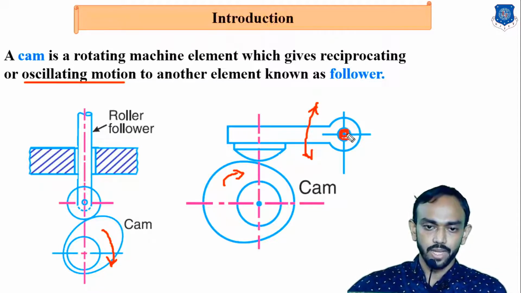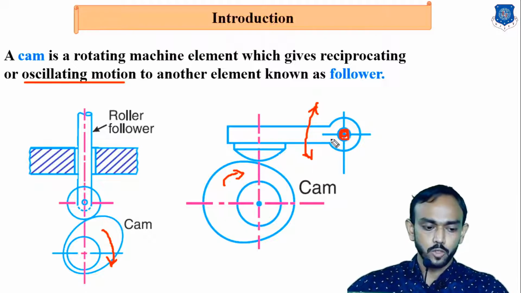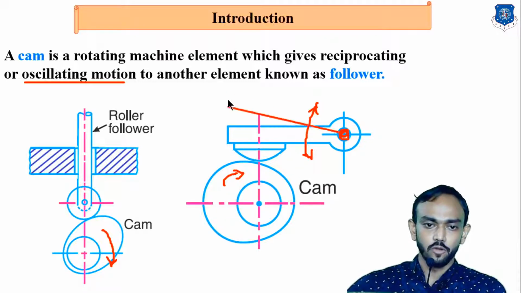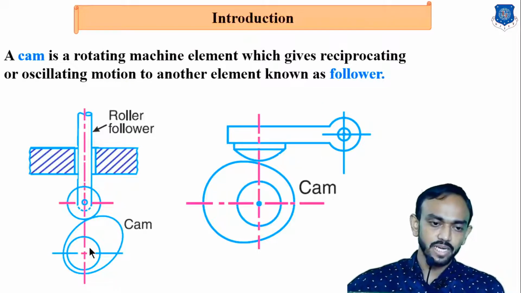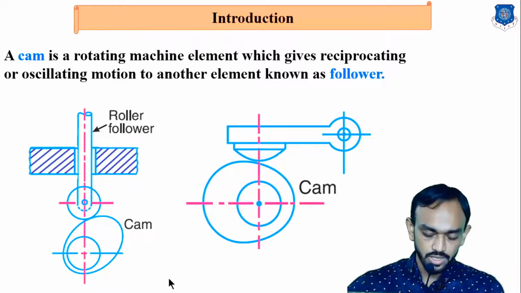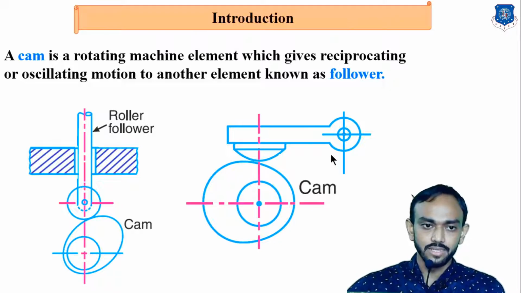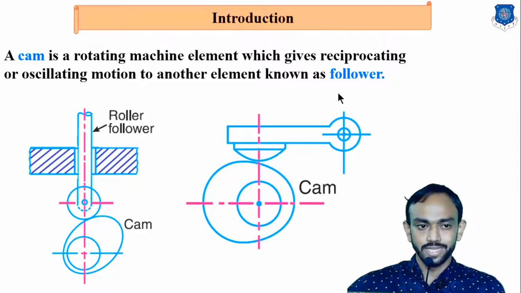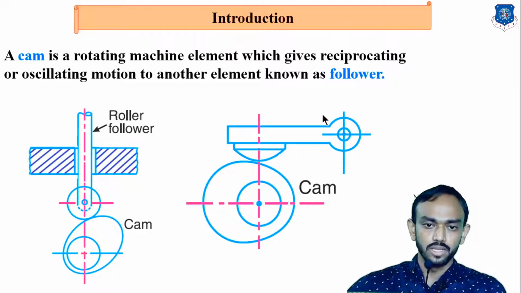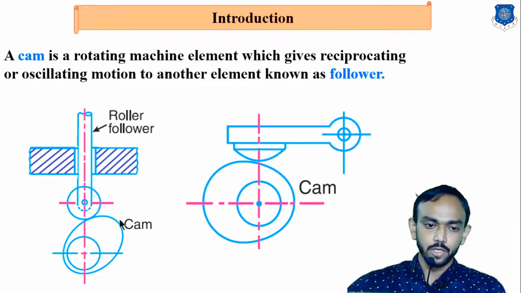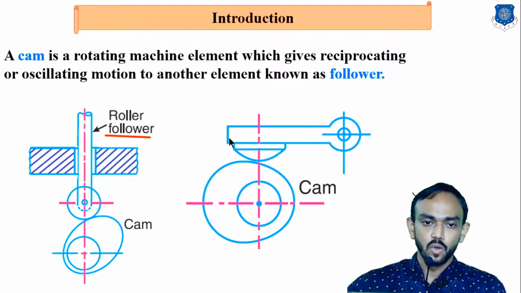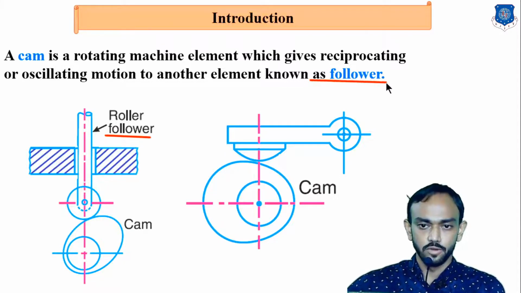There is a turning pair, so with respect to that this follower will oscillate with the rotation of CAM. So CAM is a rotary element which transmits rotary motion into reciprocating or oscillating motion to another element. An element which is connected to CAM is known as a follower.